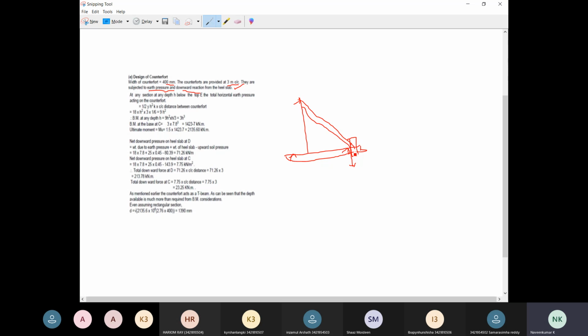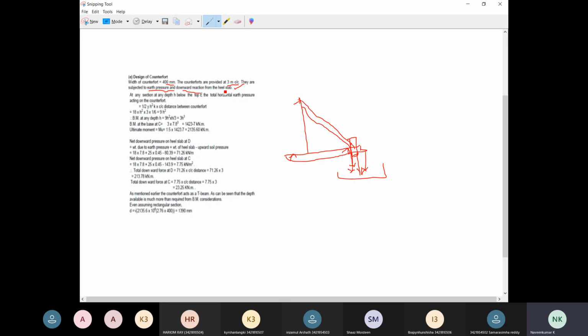So what the heel slab will do is push the counterfort support downwards. It will try to push downwards, and this will be carried by the reinforcement which will be there on the counterfort.